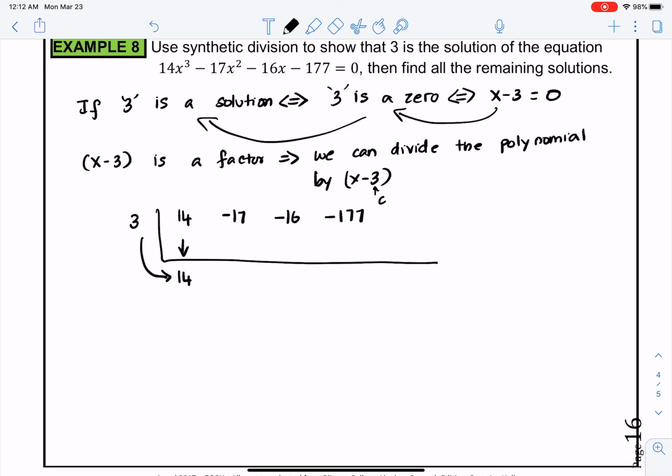3 times 14 is 42. We always add: negative 17 plus 42 is 25. 3 times 25 is 75, and 75 minus 16 would simply be 69.